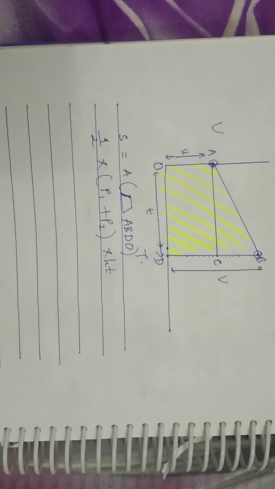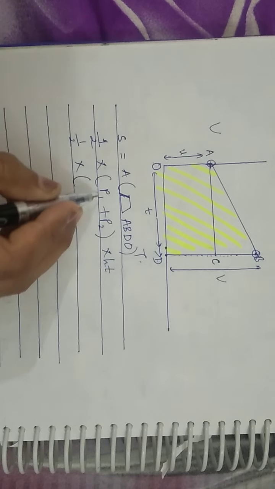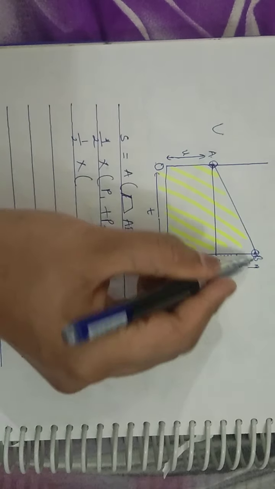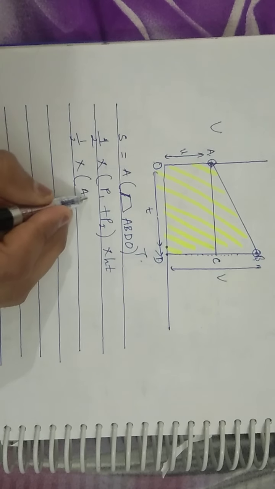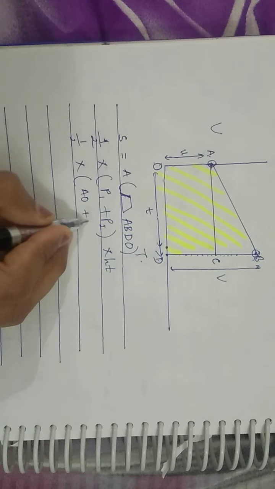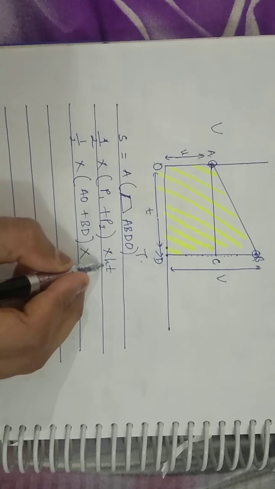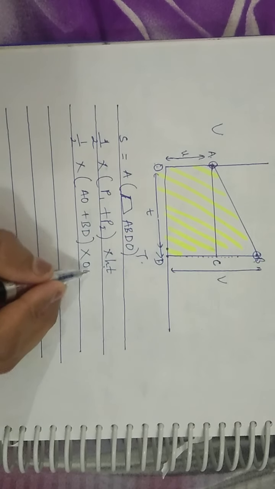So simply put the values. Half, the parallel sides are AO and BD. These are the parallel sides. Simply write them, AO plus BD. What is the height, students? OD. OD is the height.